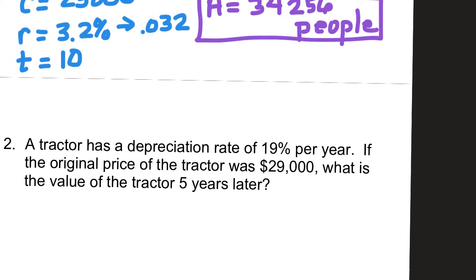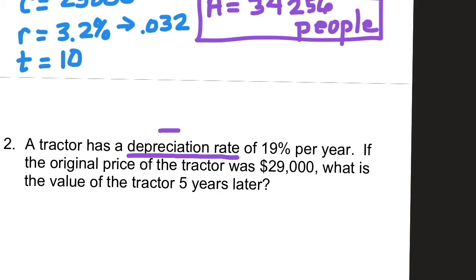In number 2, a tractor has a depreciation rate. Depreciation implies that it's going to be a minus sign. A tractor has a depreciation rate of 19% per year. If the original price of the tractor was $29,000, what is the value of the tractor 5 years later?